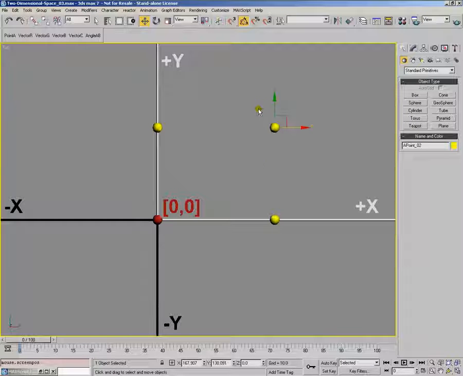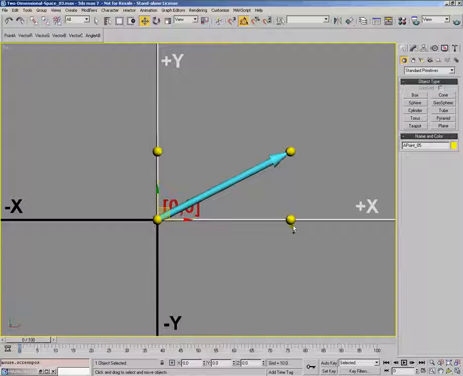The point2 value can be also represented as a two-dimensional vector connecting the origin of the coordinate system and our point. The x-coordinate of our point2 value can be seen as the projection of the two-dimensional vector onto the x-axis of the coordinate system.